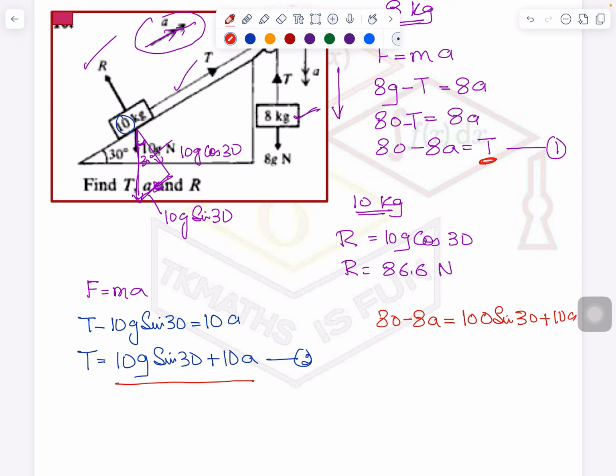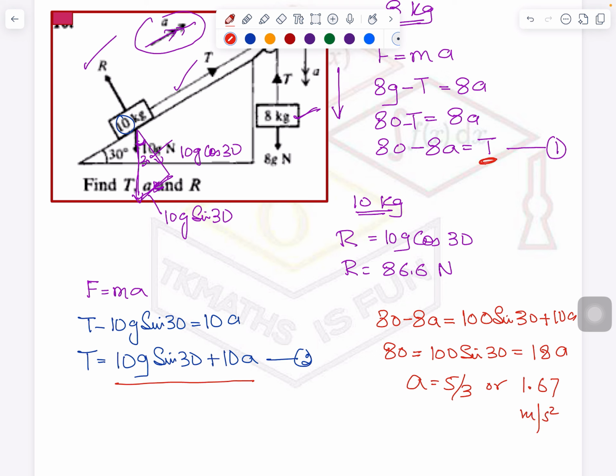So now if you solve it, you can do one more step. 80 minus 100 sin 30 equals 18a. Now pick up your calculator. I have written here, so a equals 5/3 meters per second squared. Or in decimal also I would recommend you write it.